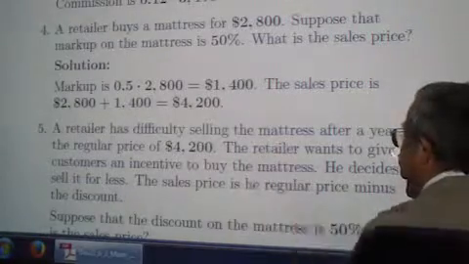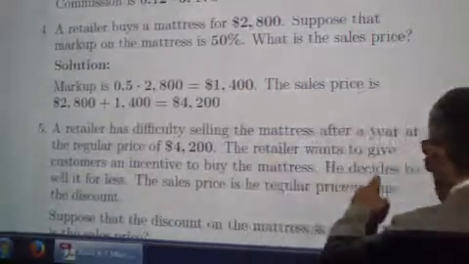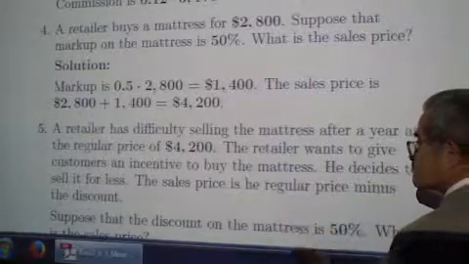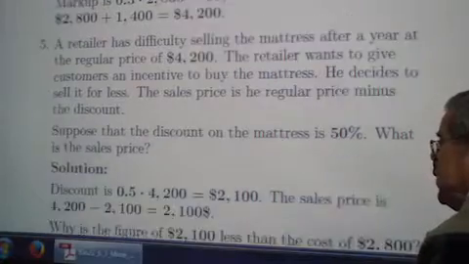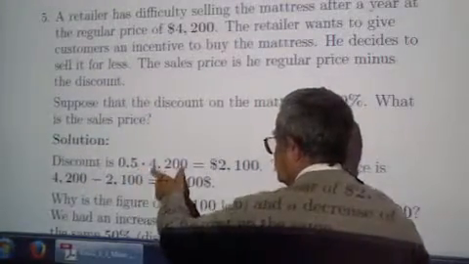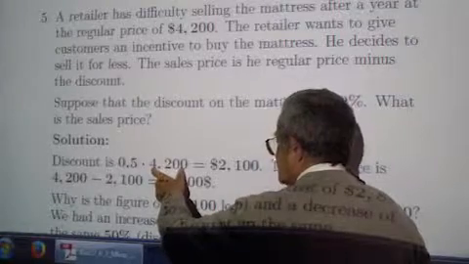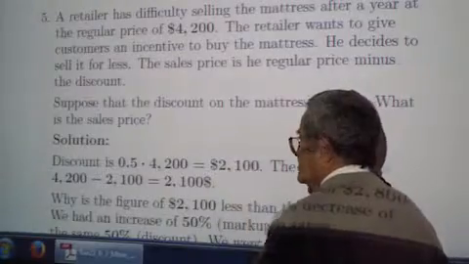Retailer has difficulty selling. This is the sales price. He wants to discount at what percent rate? 50%. So the discount is 50%, 0.5 of the sales price, the regular price, 4,200. That looks like 2,100.